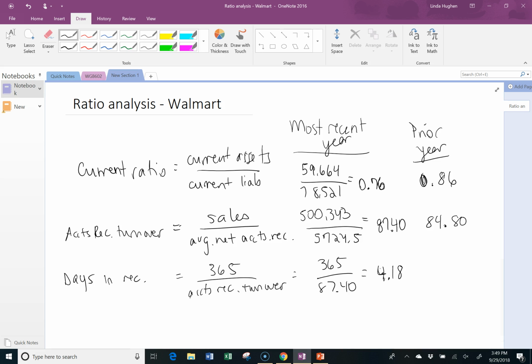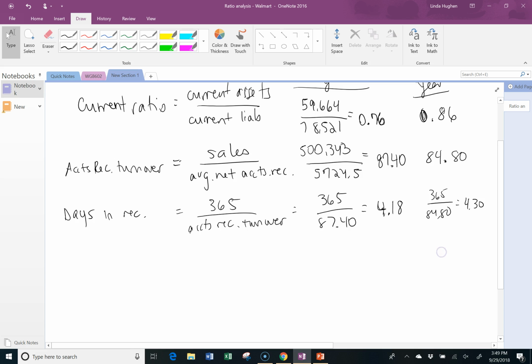We can look at last year's numbers, or we can simply take the 84.8 of last year, divide 365 by the 84.8 from last year, and we're going to get 4.3. Since this was just a mathematical manipulation, we're not going to see any differences here. Of course, the most recent year was performing better than the prior year.